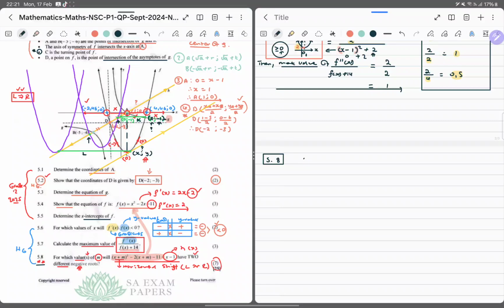First of all, guys, we can see that technically, for us to deal with this, we can just write here and say, well, f of x, maybe let's just write the expression first. We can say that (x + m)² - 2(x + m) - 11 is equal to x - 1.